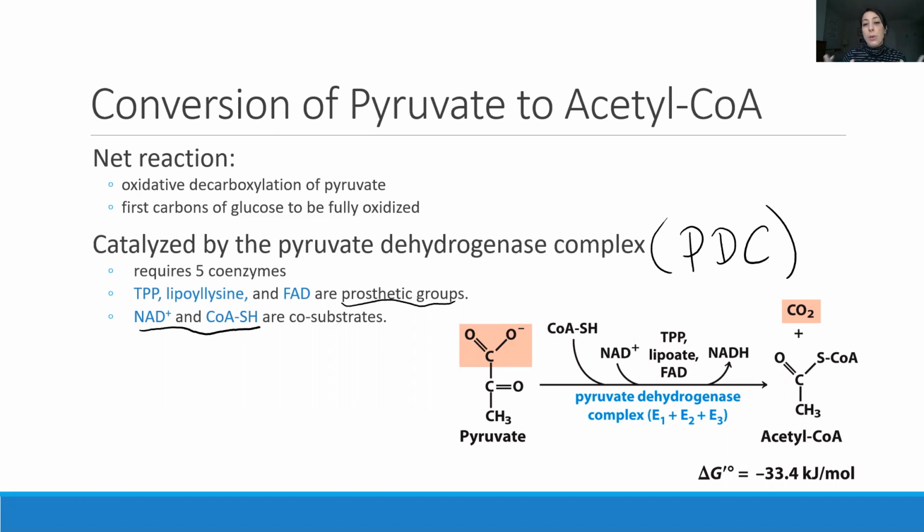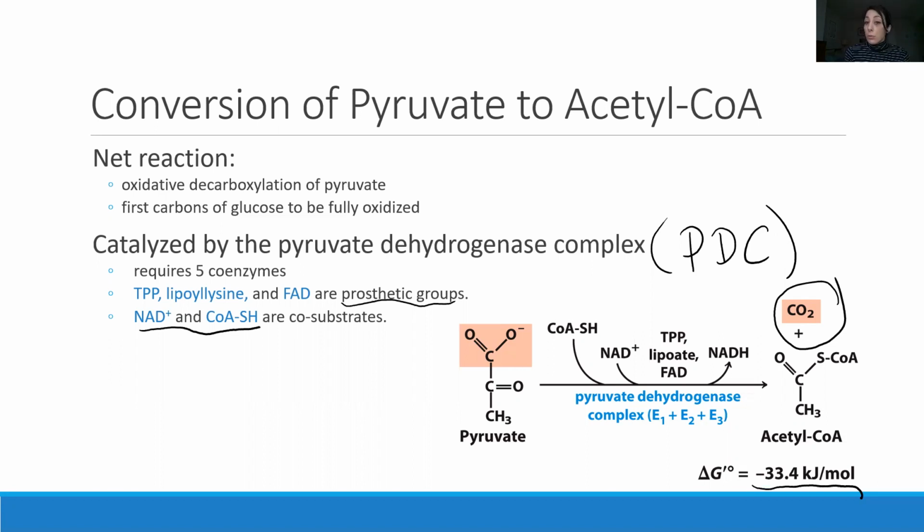So you can see this process overall is going to be energetically favorable. It does generate some small amount of energy by taking pyruvate and making acetyl-CoA, and note, we also are getting rid of one of our first molecules of CO2 during this whole process.